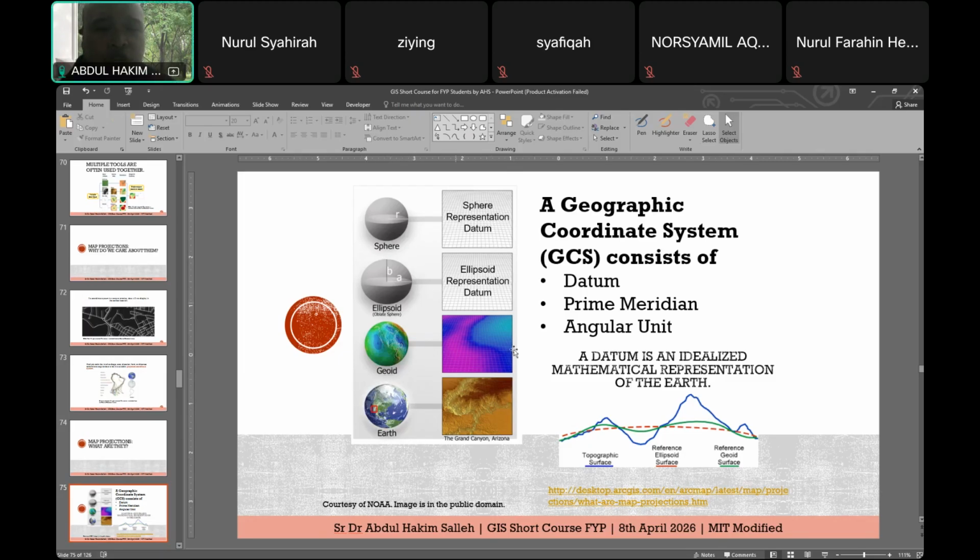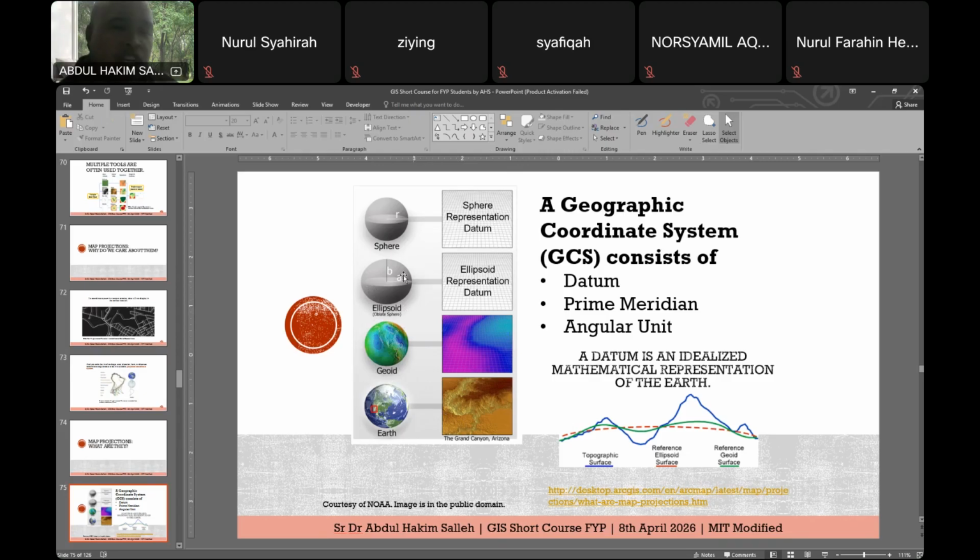Next is the geoid. Geoid is a representation of Earth in mathematical form, but based on the magnetic measurement of that particular area. Okay, next is the ellipsoid.